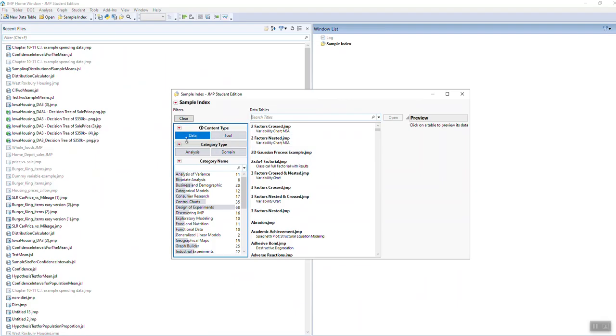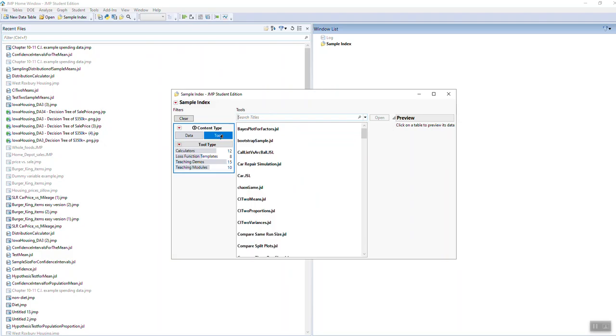The first type is called Data. JMP will provide you some practice data so that you can use it for practice. The other kind of contents is the Tools, which is the one we will use today. Then you will see many different kinds of tools, easy for us to use.